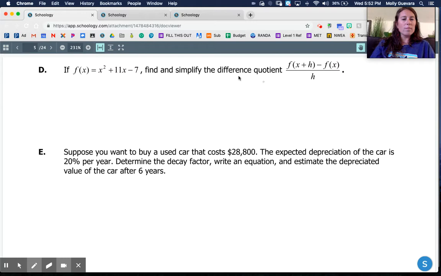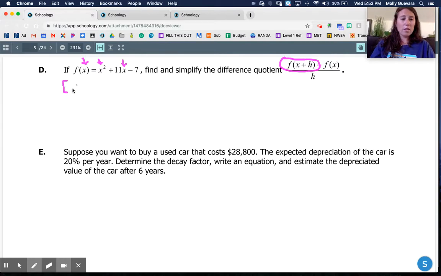Okay, so we're going to look at the difference quotient again. Remember that this first term right here is what I'm going to focus on first. This tells me I'm just going to plug in x plus h into the f function. So every time I see an x, I'm going to replace it with x plus h.